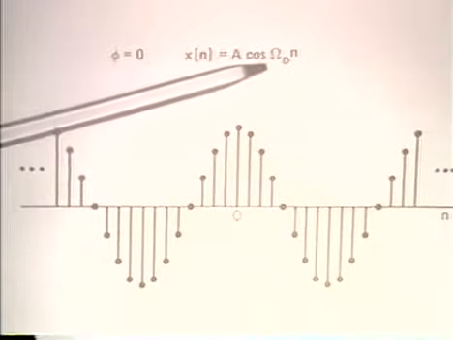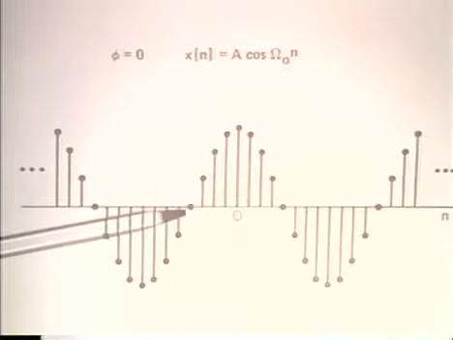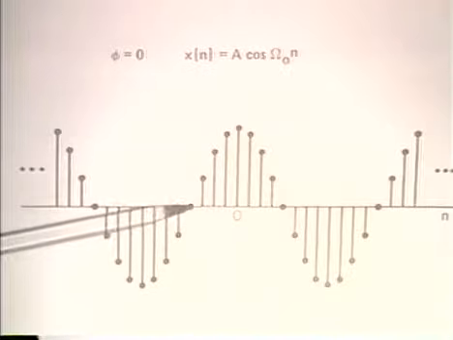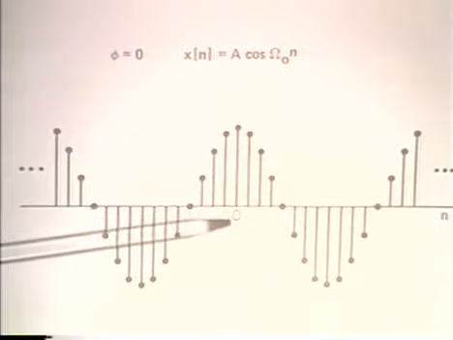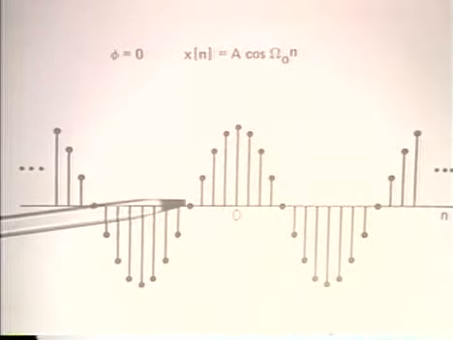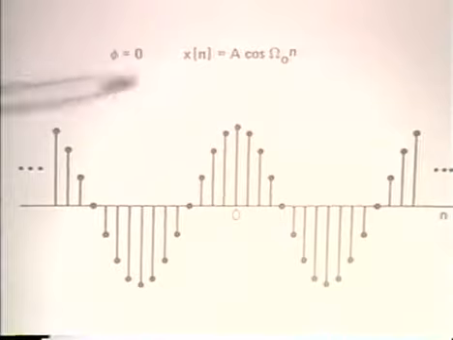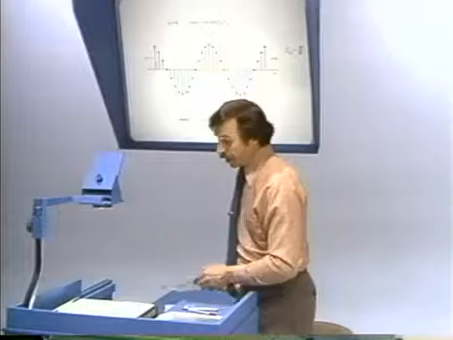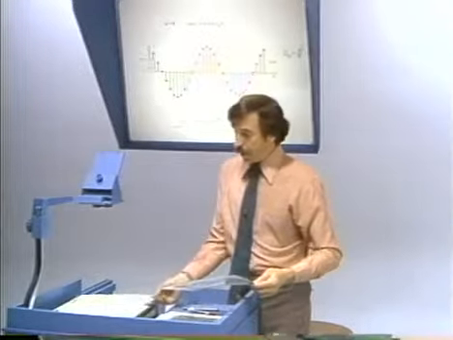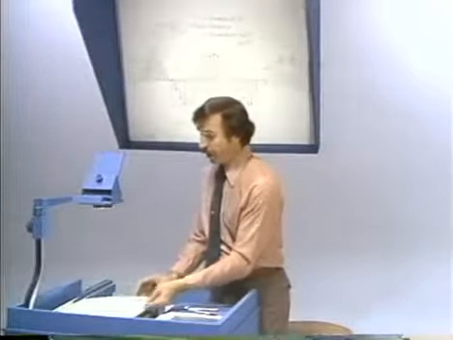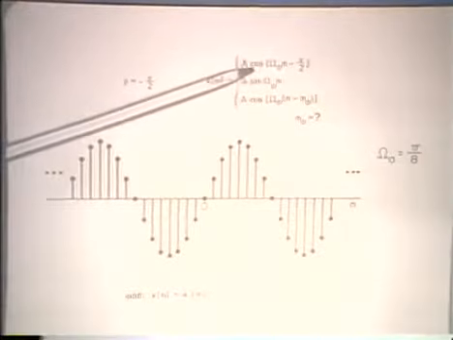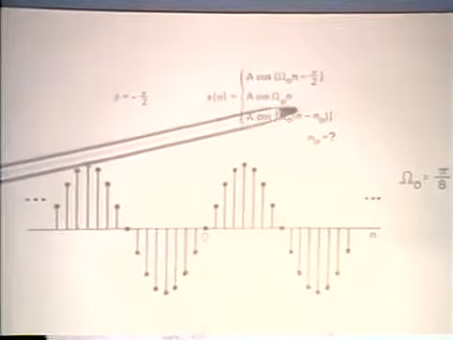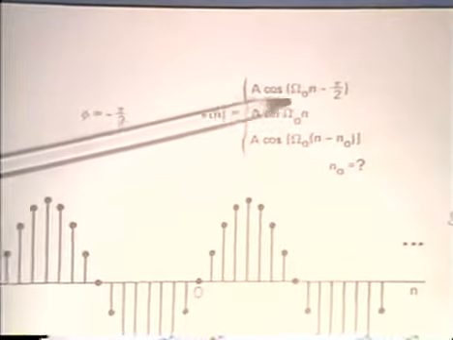If I now take the same sequence and shift it so that the time origin is shifted a quarter of a period away, then you can convince yourself, and it's straightforward to work out, that that time shift corresponds to a phase shift of pi over 2. So in that case, with the cosine with a phase of minus pi over 2, that will correspond to the expression that I have here.